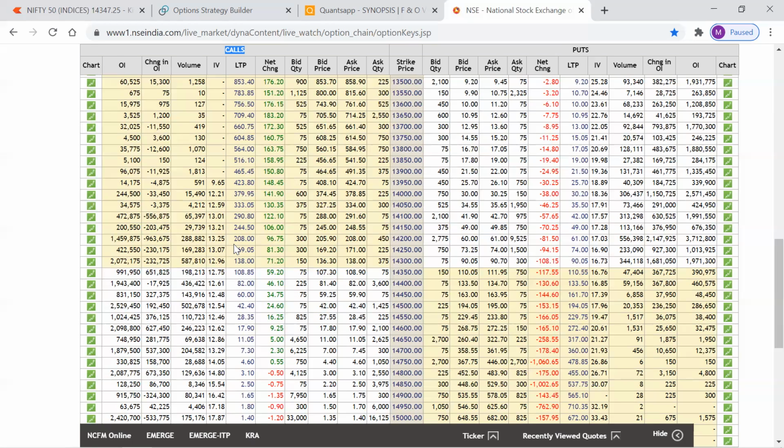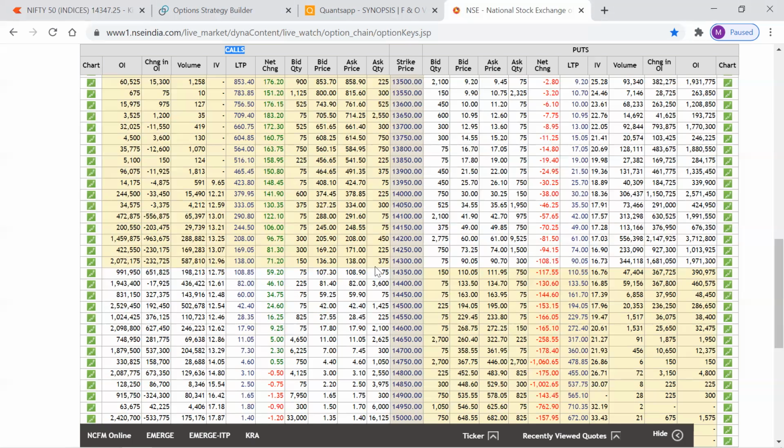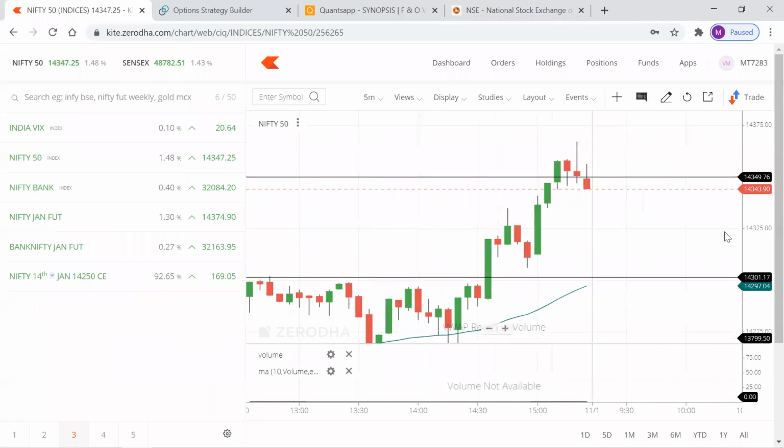Okay. All right. So what's our first point? First point, focus on ATM strikes. What is an ATM strike? It's at the money strike, which is the strike price close to the last traded price. What is Nifty's last traded price? It's 14,343.